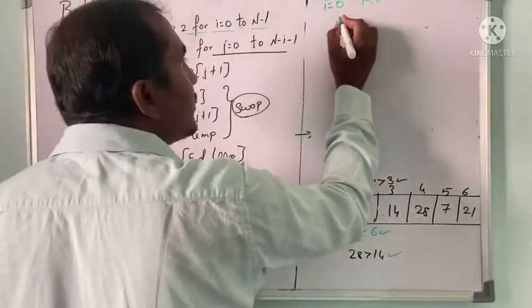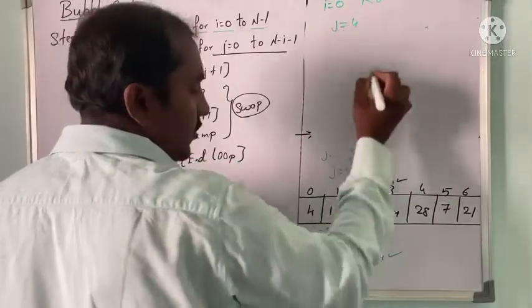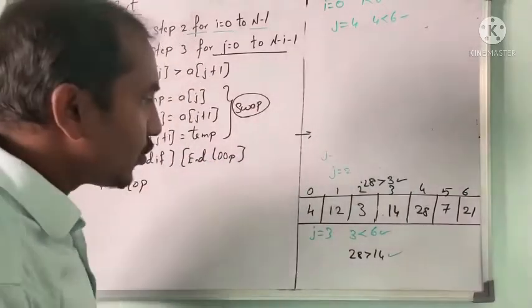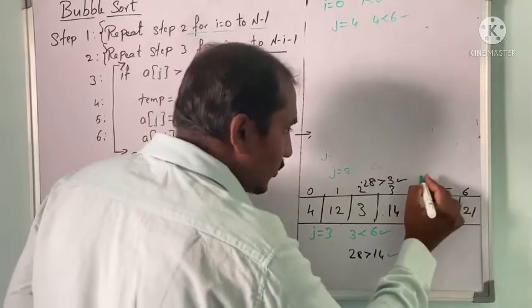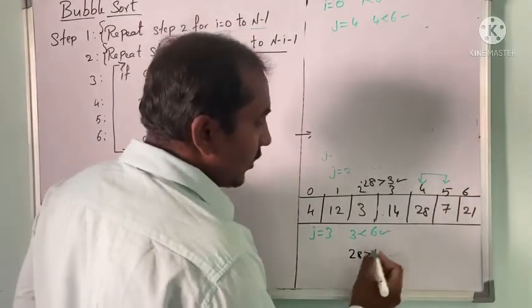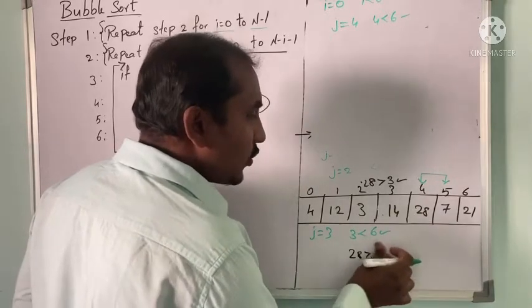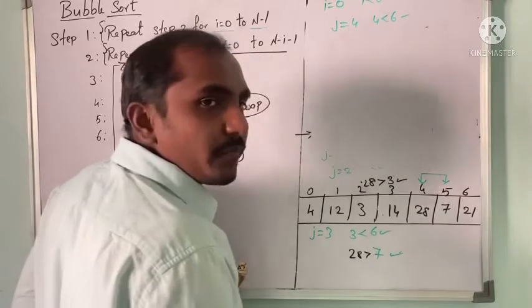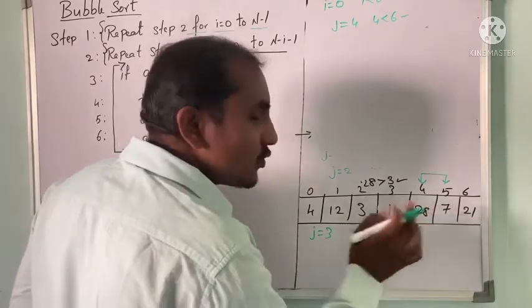Now again j is equal to 4. 4 is less than 6, that is also true. If that is true, again we are going to compare this fourth element with the fifth element. If both are compared, we check whether 28 is greater than 7. That is true, so we are going to swap these two elements.